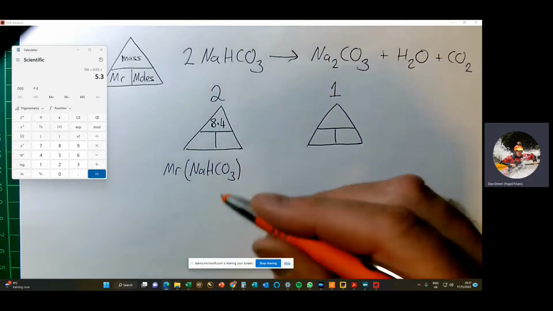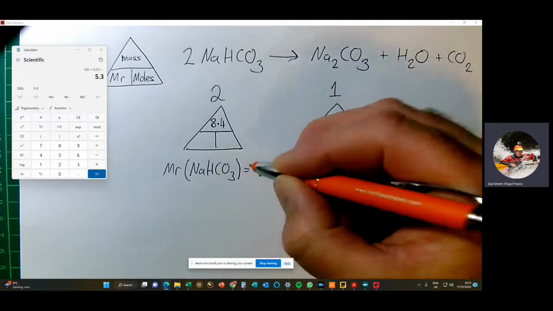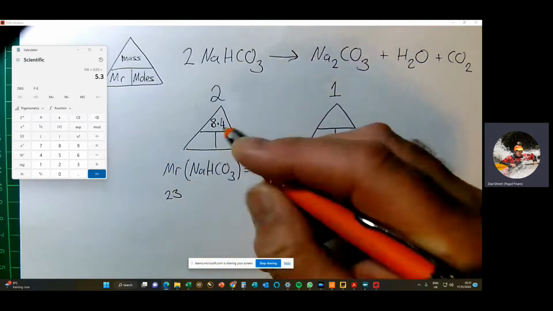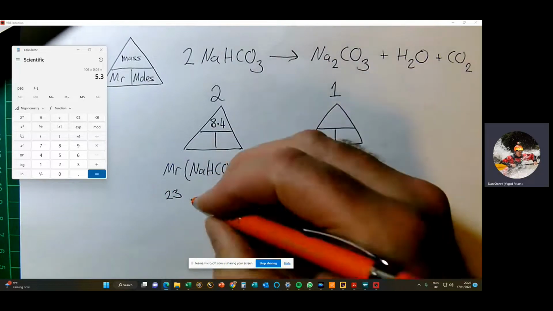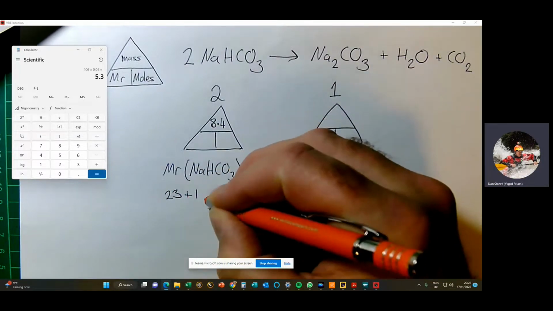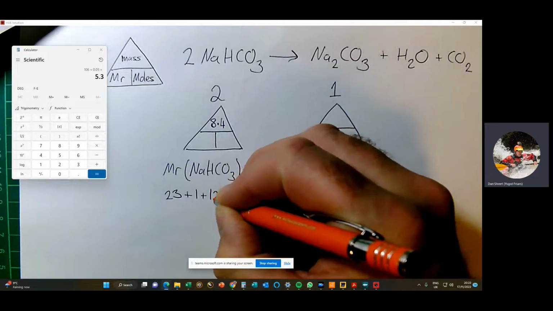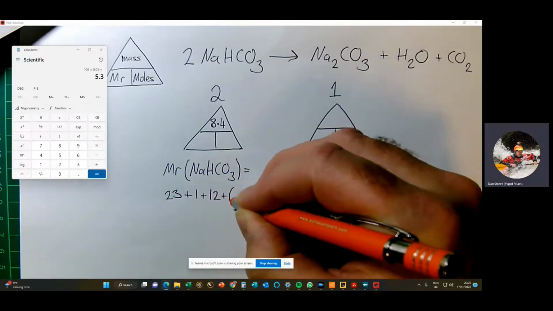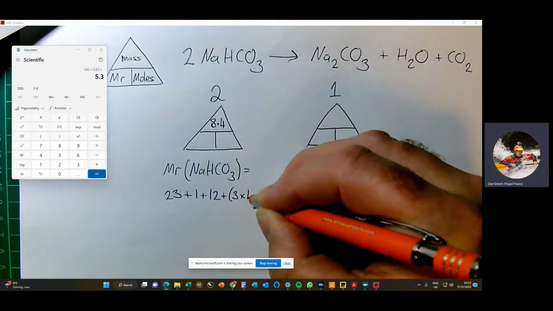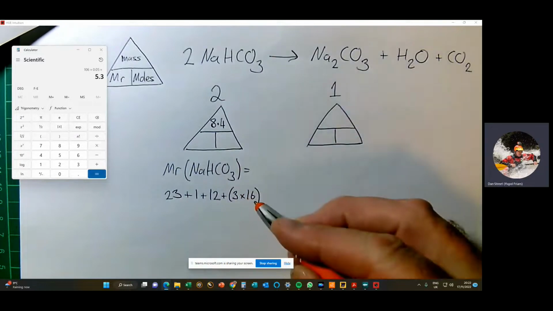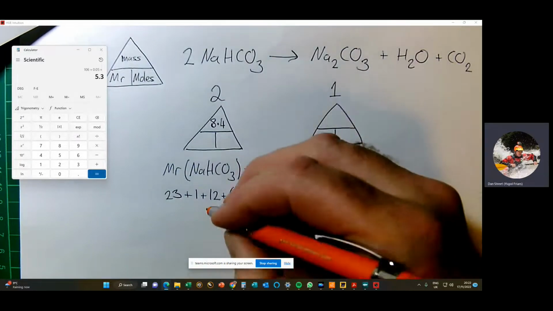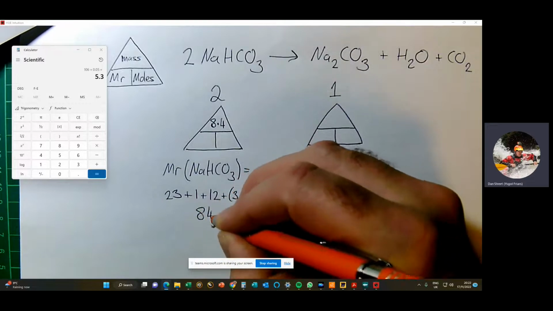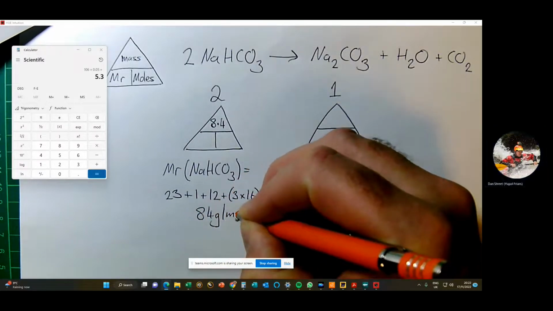Okay, then we need to add, I'll just put this underneath, so it's 23 for the sodium, plus 1 for the hydrogen, plus 12 for the carbon, plus 3 times 16 for the oxygen, and that gives us an overall MR of 84 grams per mole.